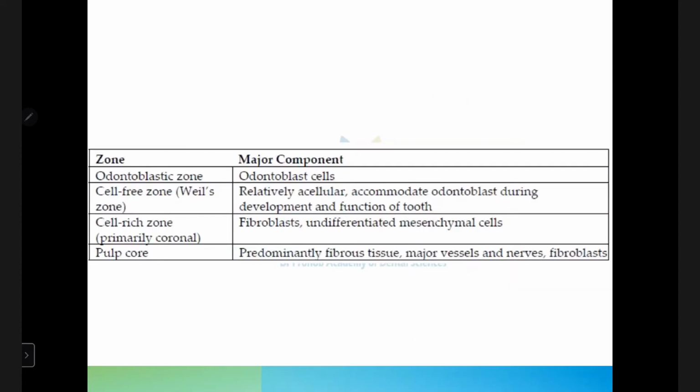The odontoblastic zone has the odontoblast cells, the dentin forming cells. The cell-free zone, or Weil's zone, is acellular. It accommodates the odontoblasts during the development and function of the tooth.